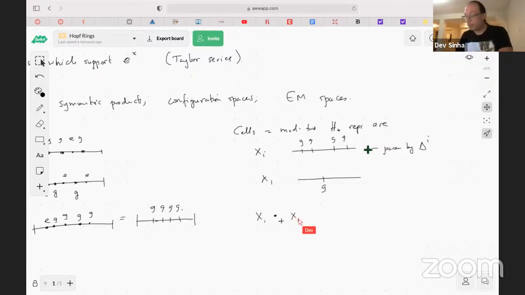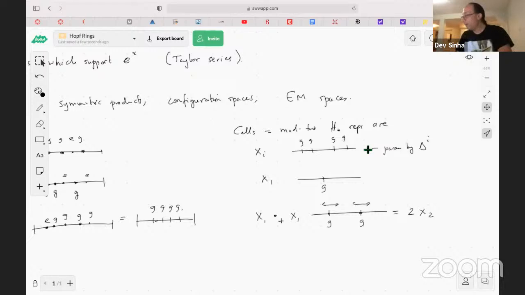And then, for example, x1 times x1, well, I'm going to have one G going every possible way and another G going every possible way. And that looks like the picture for x2, but really these are free to pass each other. So this ends up being 2x2, because for every picture in x2, there's exactly two ways I could get it as a product of things in x1.